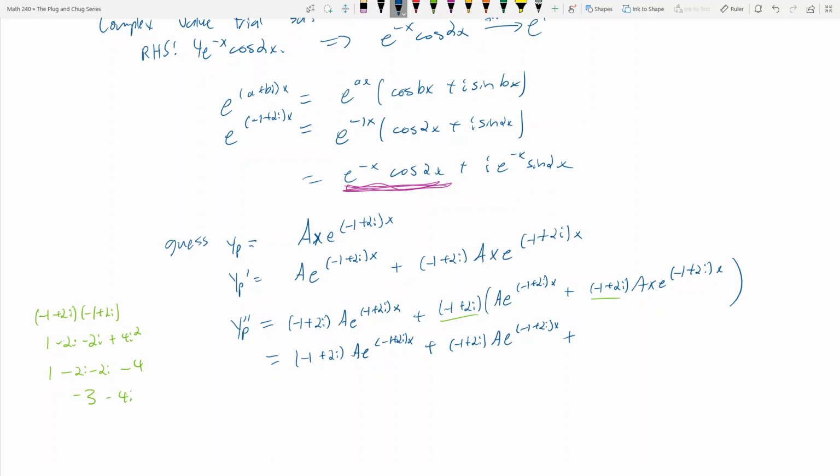Okay, so now we get (-3 - 4i) a x e to the (-1 + 2i)x.